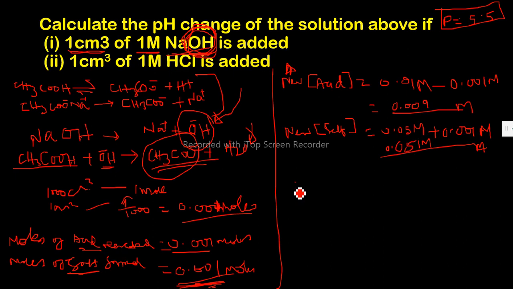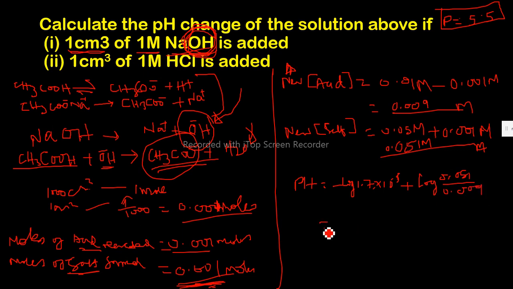So our new pH is the negative logarithm of our Ka, which is 1.7 times 10 to the power negative 5, plus log of 0.051 out of 0.009.